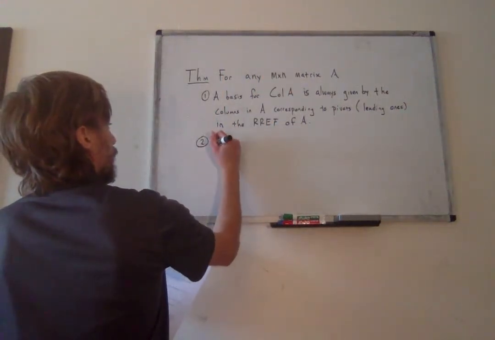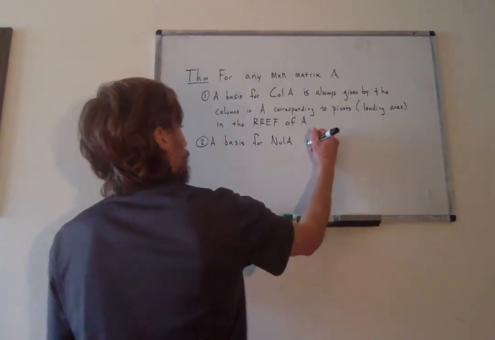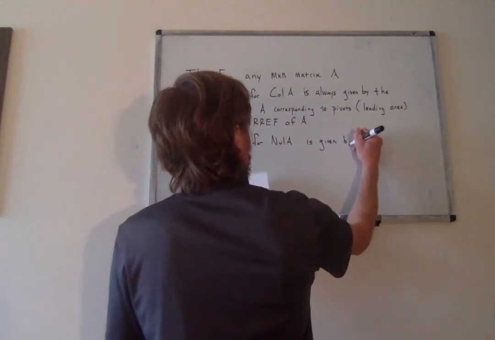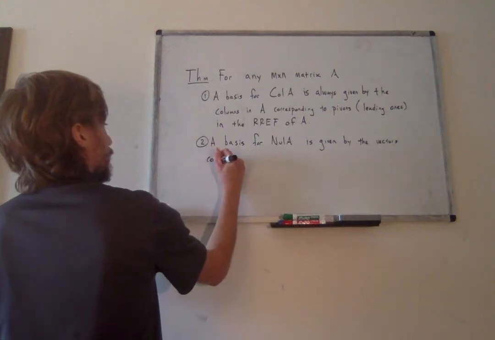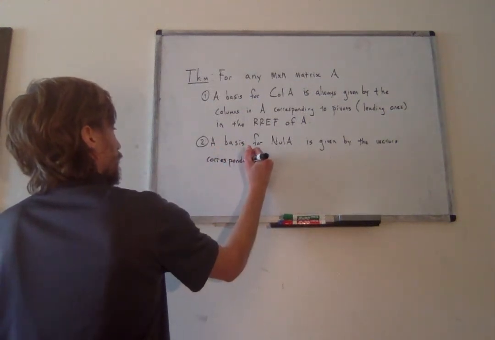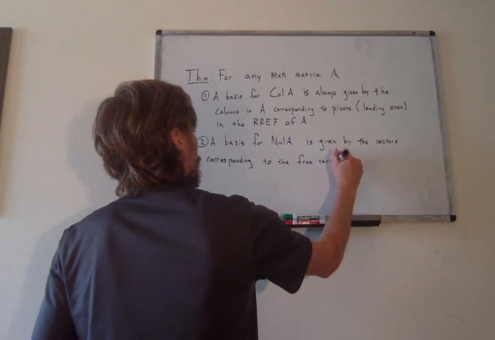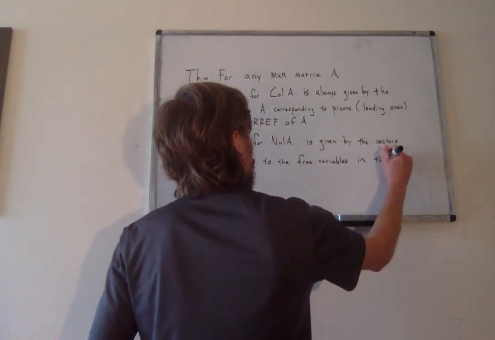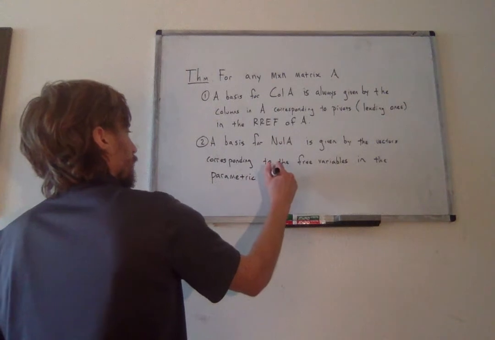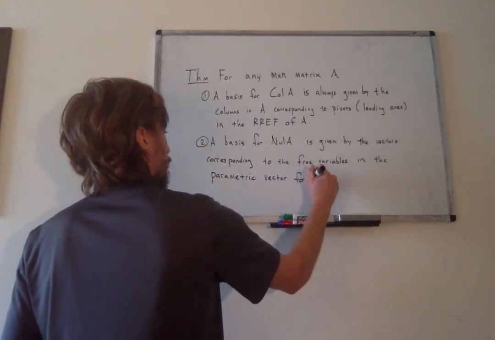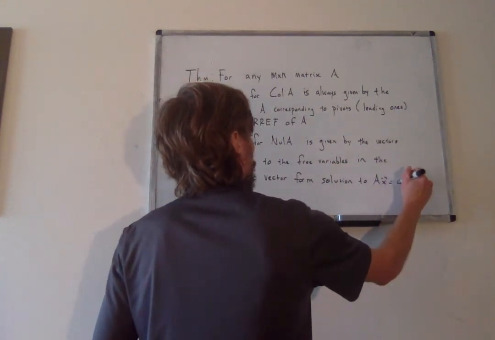And two, a basis for the null space of A is given by the vectors corresponding to the free variables in the parametric vector form solution to Ax = 0.